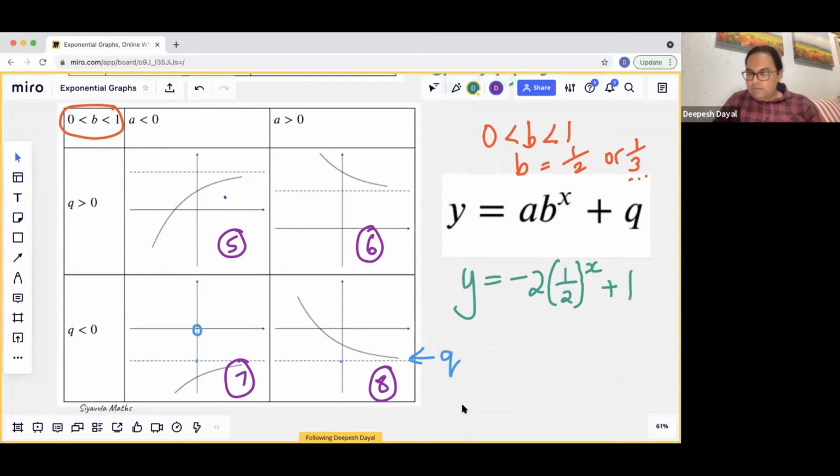So in this one, we've got a, which is a negative. We've got b, which is between 0 and 1. And we've got q, which is positive. So which graph will that be? 5, 6, 7, or 8? What do you think?